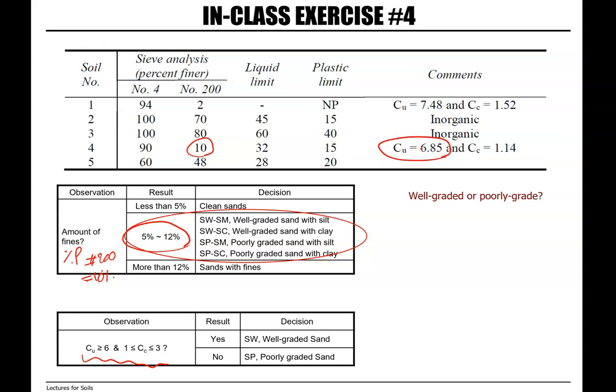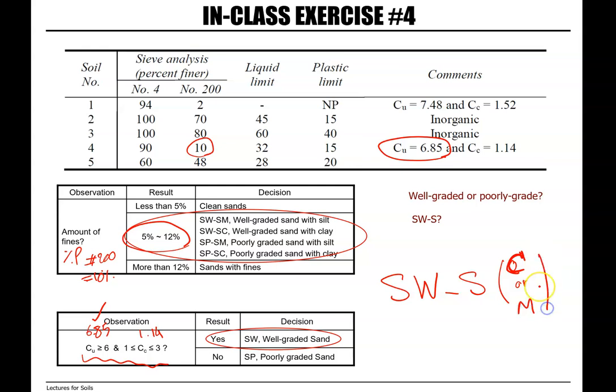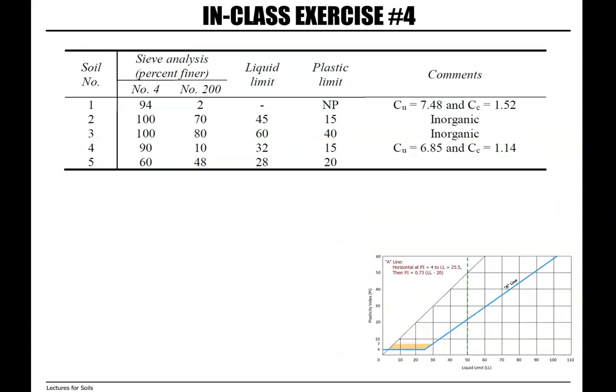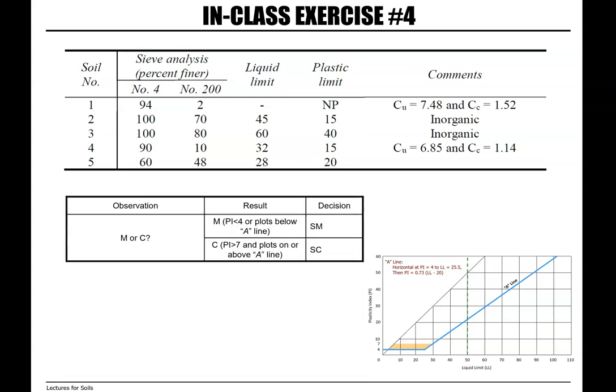Cu is 6.85, which is higher than 6, so this is satisfied. Cc is 1.14, which is between 1 to 3. So we have a well-graded sample. So we have SW, but we also need to know if it's clay or silt. And in order to do that, we need to use the plasticity chart.